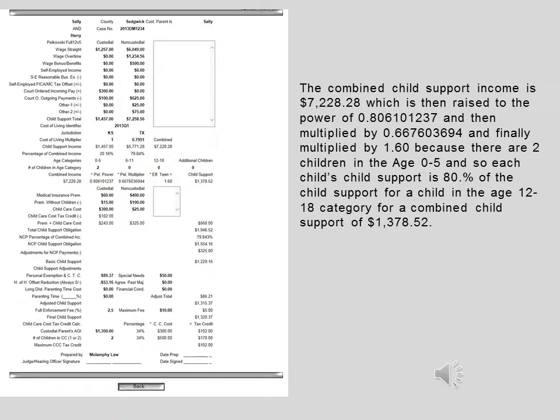The combined child support income is $7,228.28, which is then raised to the power of 0.806101237 and then multiplied by 0.66760369 and finally multiplied by 1.60 because there are 2 children in the age 0 to 5 and so, each child's child support is 80% of the child support for a child in the age 12 to 18 category, for a combined child support of $1,378.52.